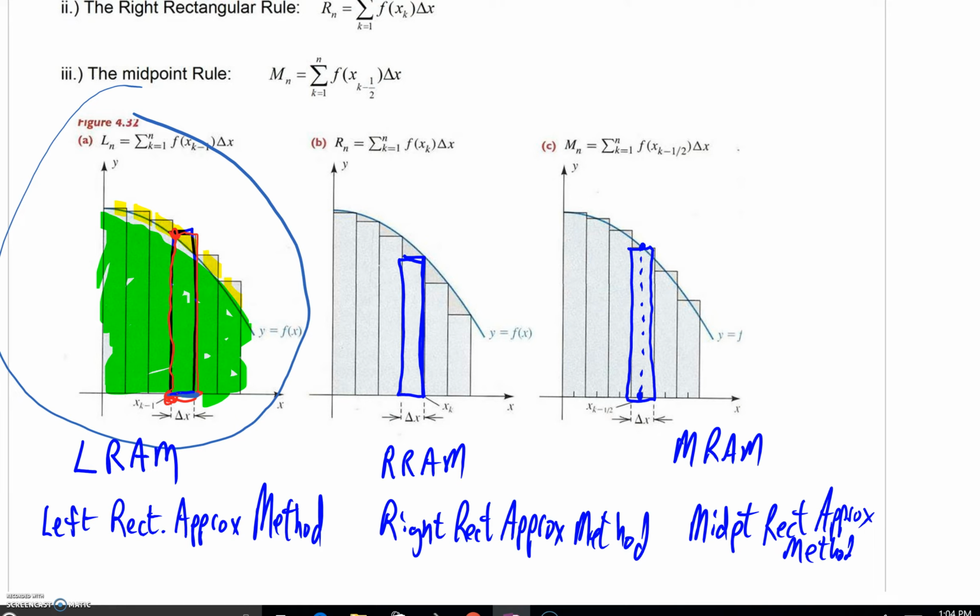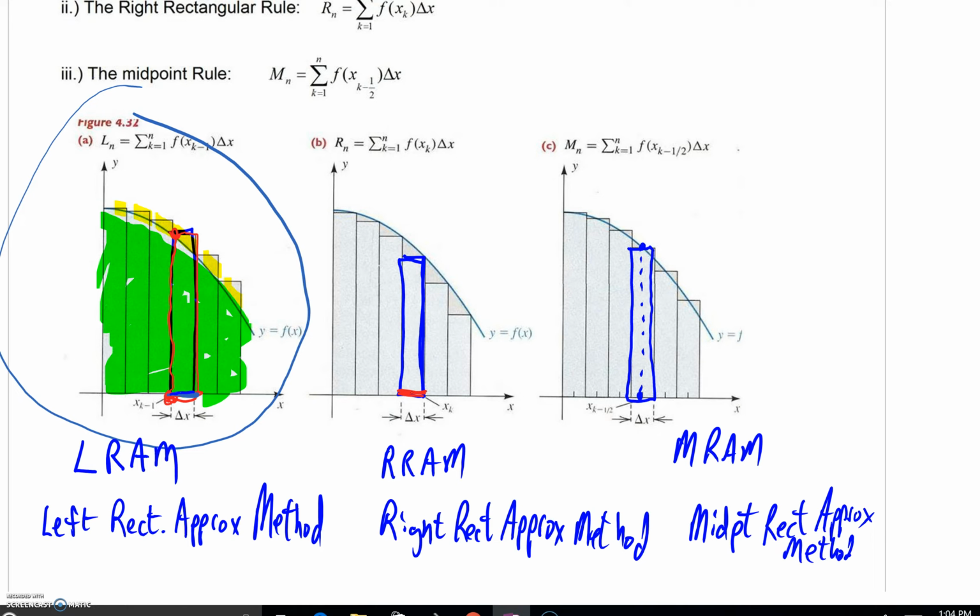Now, by way of comparison, what if, instead of doing LRAM, we revisited this curve and said, how about instead of the left endpoint on a subinterval, like look, here's the base of my rectangle, just drawing one rectangle. By the way, that's an important strategy. We always would like to draw one rectangle, bare minimum, to help us see how to do the problem.